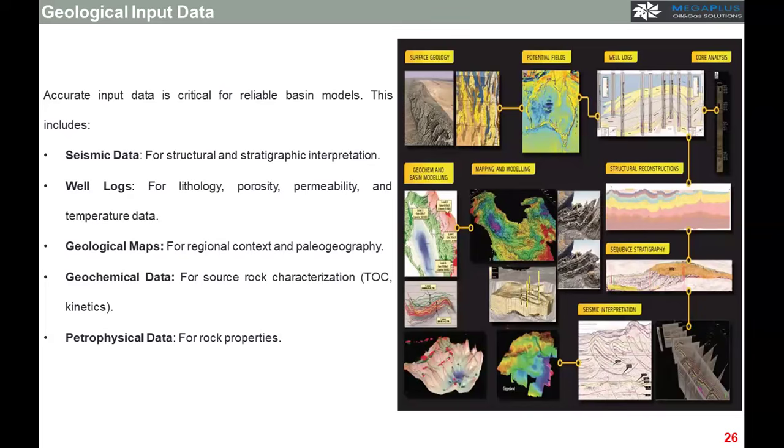Geological maps for regional context and paleogeography. It's very important to know your reservoir. Geochemical data is for the source rock evaluation, rock characterization like TOC, kinetics, Ro, temperature, and so on. Petrophysical data is needed for the rock properties, just to know your reservoir and the data needed for your model. It's okay.